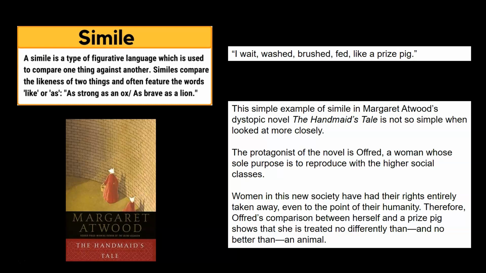Now, within this very important novel that focuses on women in society, where in this futuristic world they've had their rights entirely taken away from them and are used simply to give birth to children for those that can't reproduce, the simile drawn here is that Offred sees herself like a prized pig, something that is more animal than human, but also being bred simply for the sole purpose of being used other than its own means, which reinforces that she is being treated unfairly like an animal rather than human.